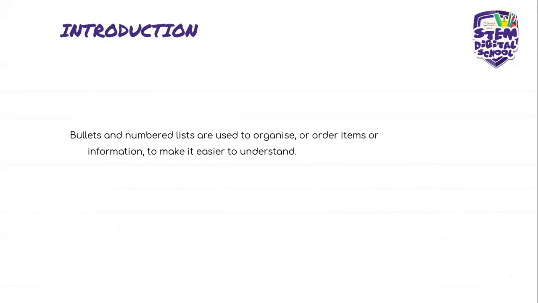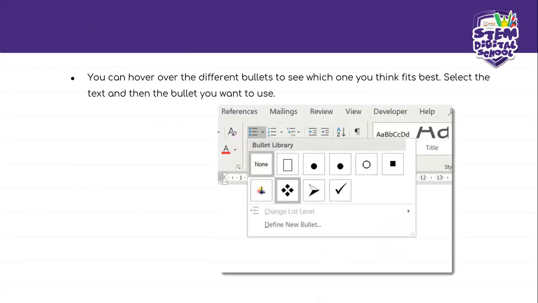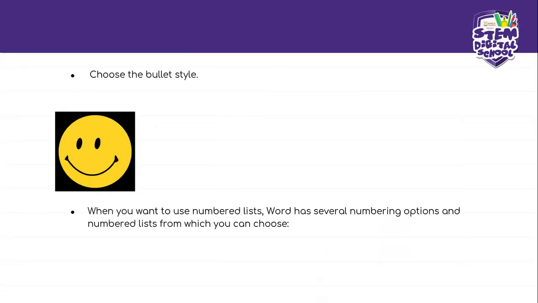Right, so I have shown you how to insert bullets, right? Now, okay, so we have seen the different styles of bullets. We have used those. You saw me using those on my Word document.